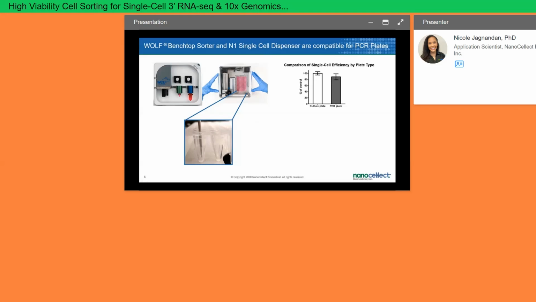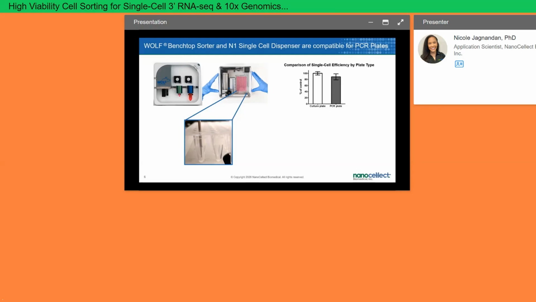To validate that the Wolf and N1 system does actually give you good single-cell efficiency, we did a number of experiments comparing single-cell efficiency from flat-bottom culture plates versus the more conical bottom PCR plates. What we did here was an experiment with beads where for the culture plates, we did a full 8 plates of 96-well dispensing versus 13 plates of 96-well PCR plates.